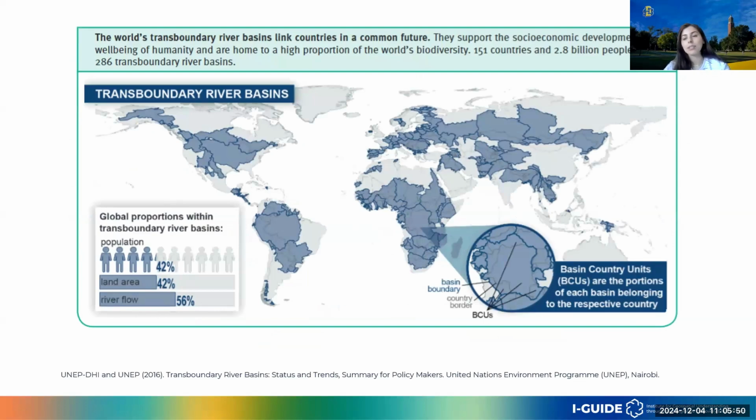And as you can see, many countries and many regions in the world are dealing with this challenge in the water resources. About 151 countries and about 2.8 billion people are sharing these water resources among them. So we can consider it as a main challenge in water resources management.